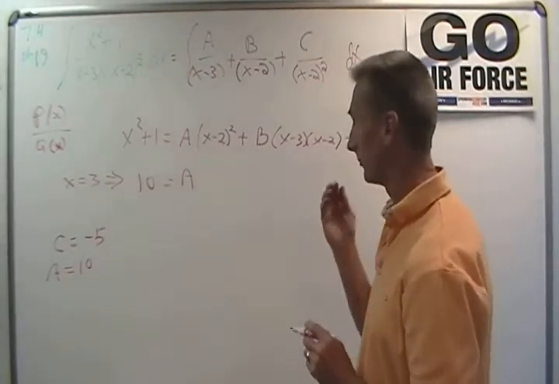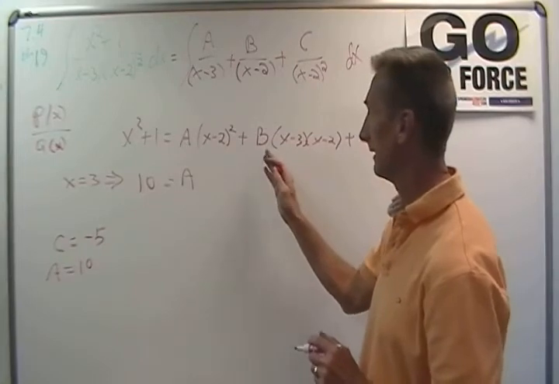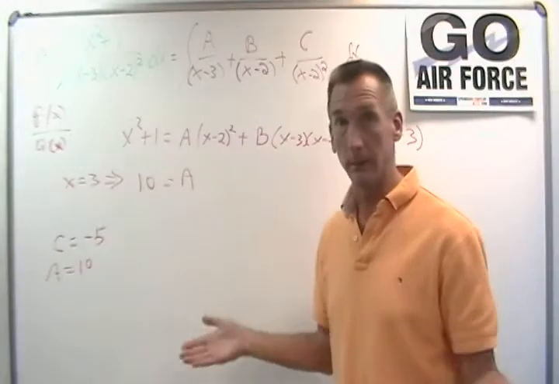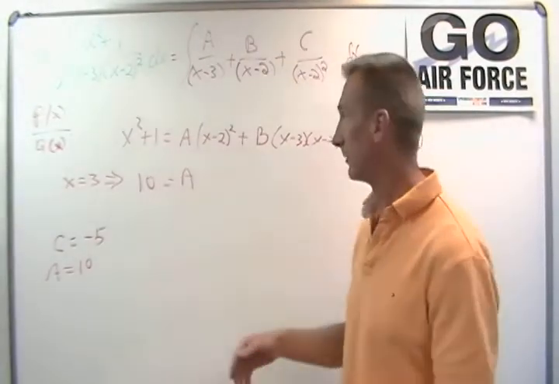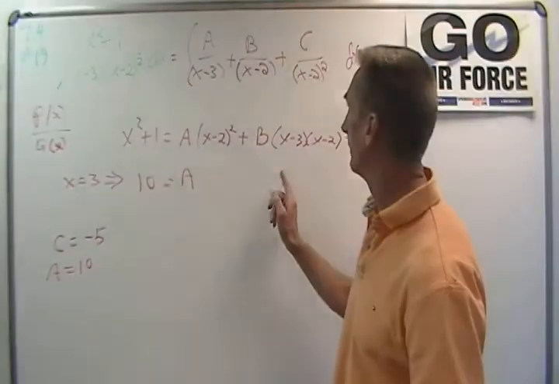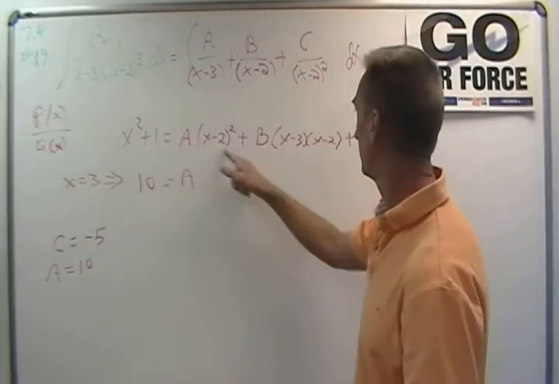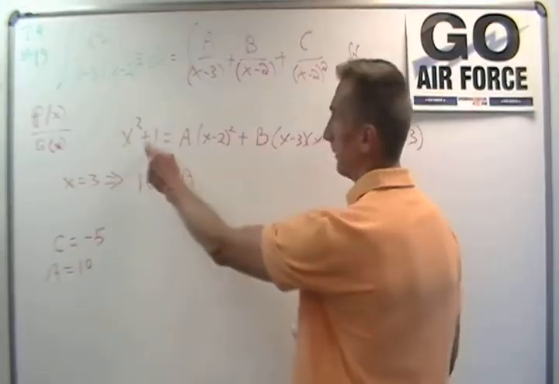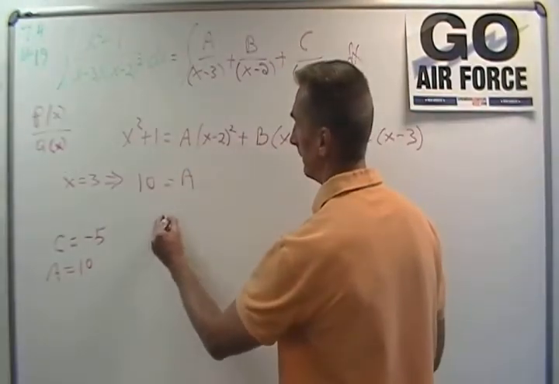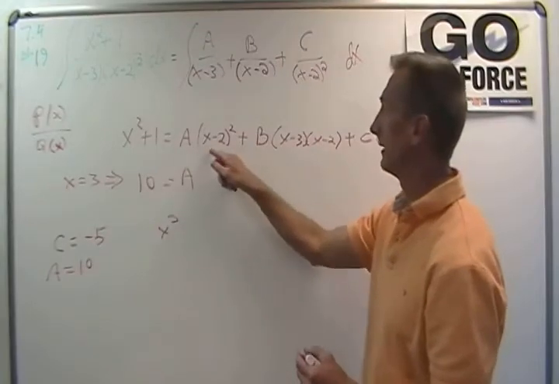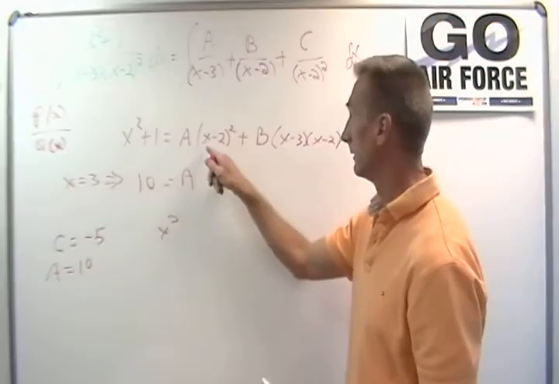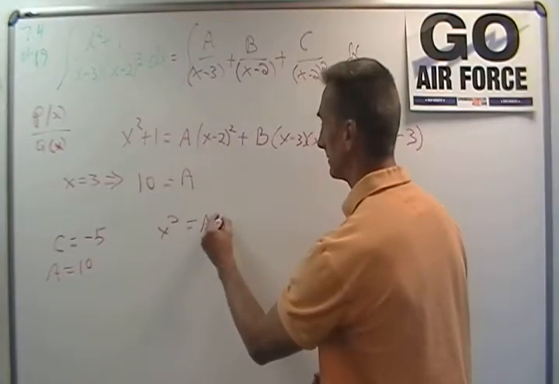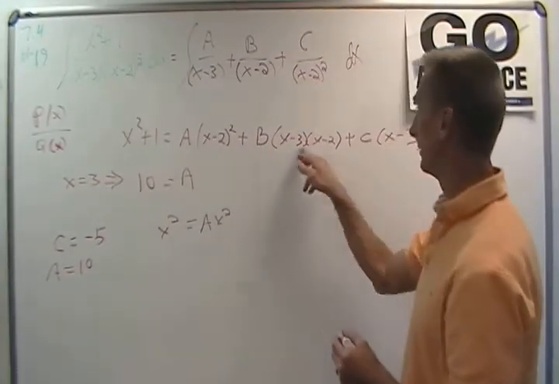Now, to solve for B, I'm going to have to do a little algebraic sleight of hand, which really isn't a sleight of hand at all. It's pretty simple. I notice here that if I were to multiply this out, I'm going to have several x squared terms. I've got one here, I've got an x squared over here. If I were to multiply this out, I'd distribute that A, and I would get an Ax squared. And here I would multiply this out.